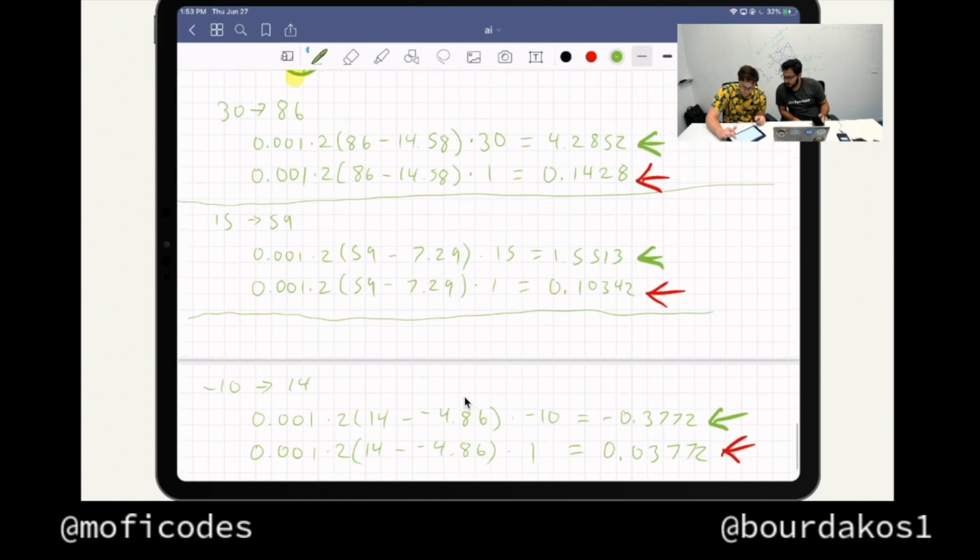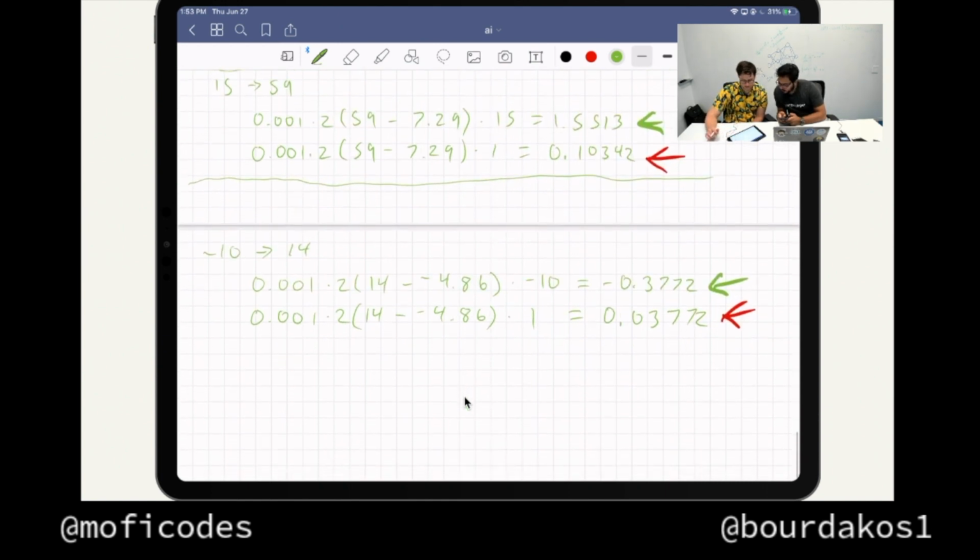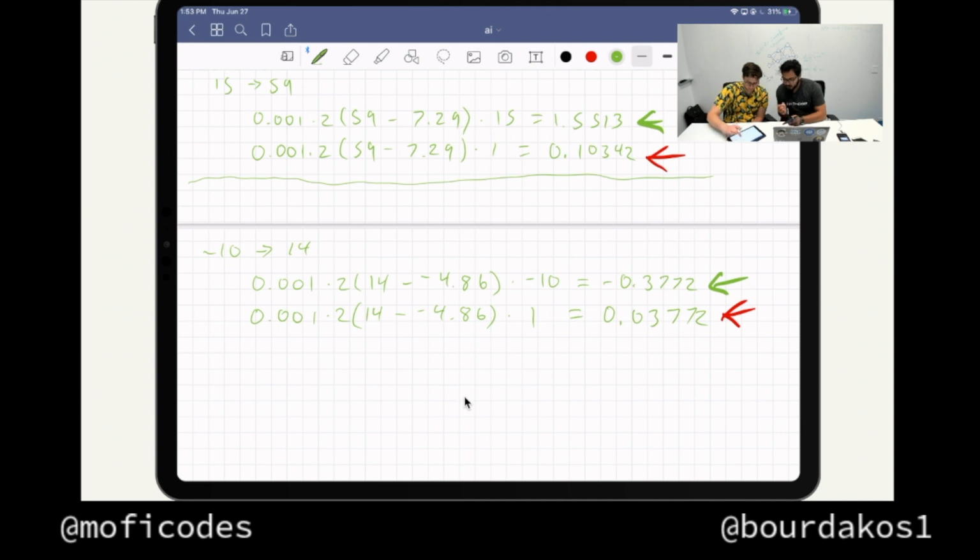So can you add all of these together? Yeah, so what is the number? Okay. So, 4.2852 plus 1.5513. Yep. Plus minus. Okay, so minus 0.3772, 5.4593.